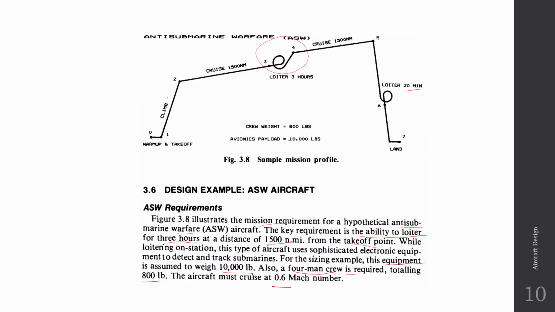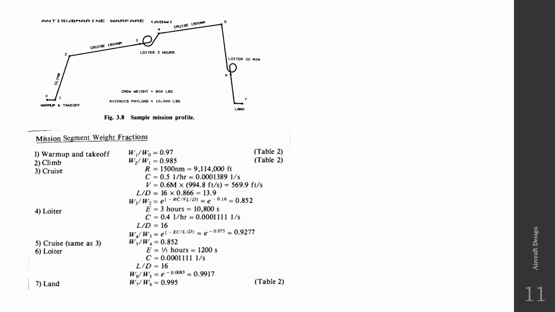Crew weight is 800, avionics payload is 10,000. One more thing is that we also need to know the lift by drag ratio. In this example you can consider that L by D max is 16. Now we'll see how to estimate the gross weight. I have drawn the chart here again for your reference, and we also know that L by D max is 16.